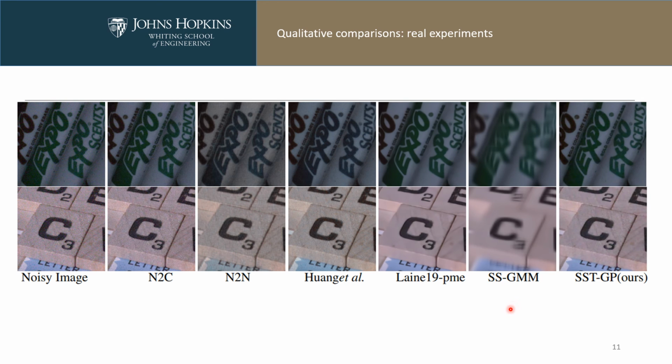The following figure shows the qualitative comparisons of our proposed method with the state-of-the-art denoising methods, where our method SST-GP produces clearer and sharper denoised images as shown in the last column.